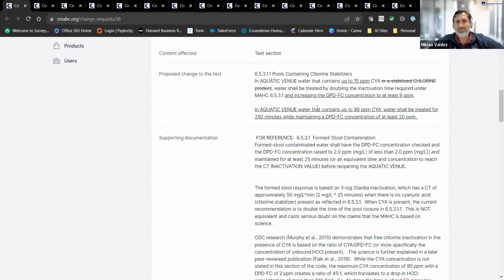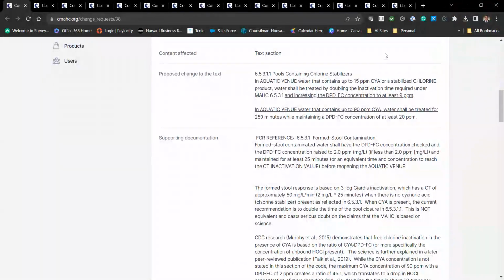Sorry. Go ahead, Grace. Okay, so this is talking about adjusting response time for form stool contamination. And then it is saying that when cyanuric acid is up to 15 parts per million, and then it's scratched out, I think the proposal is to remove or a stabilized chlorine product.